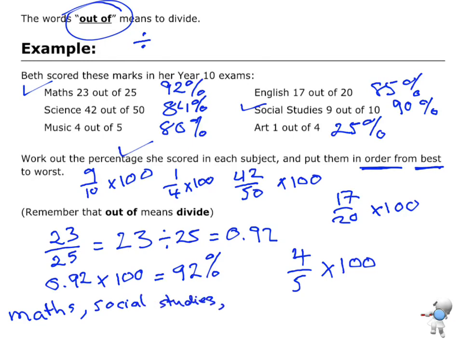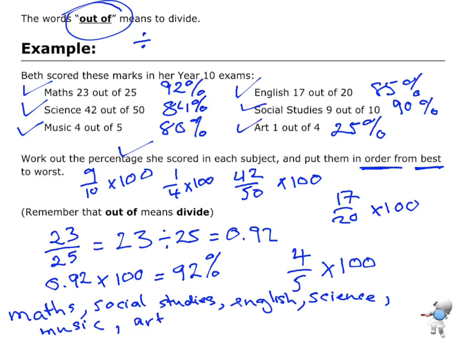Then the next highest was 85% with English. Then 84% with science. Then music was 80%, and lastly art. Okay, so there are scores being turned into percentages.